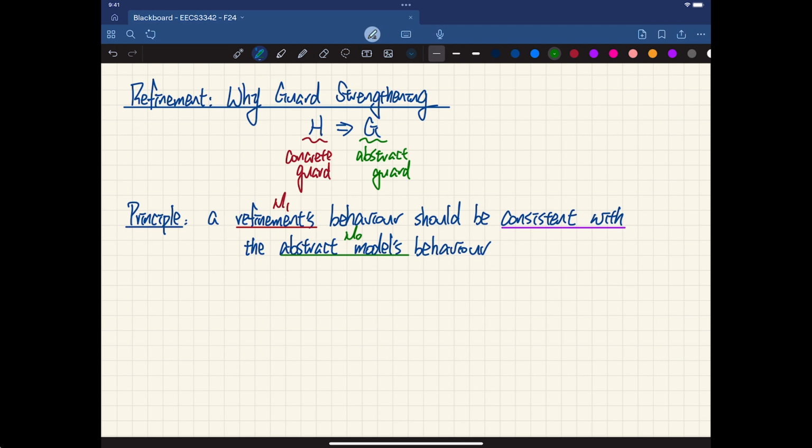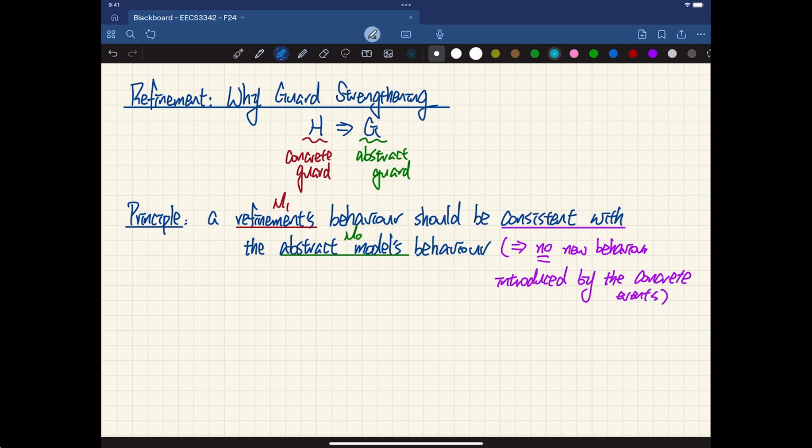Another more technical way to say it would be, there's no new behavior introduced by the concrete events.